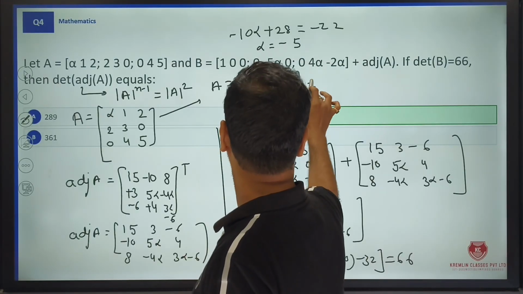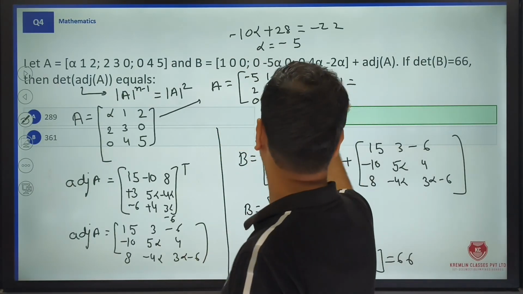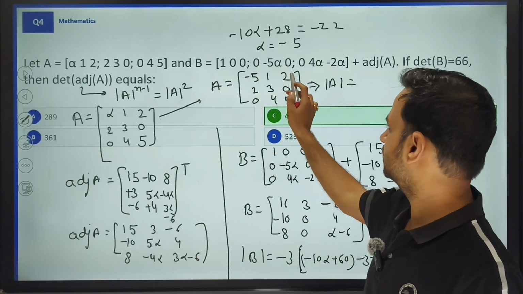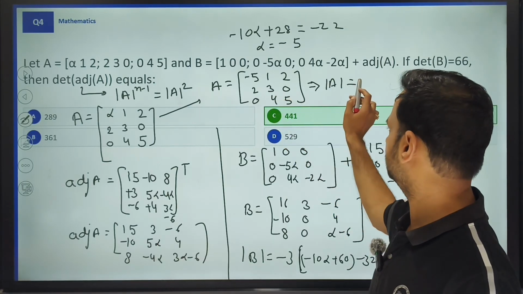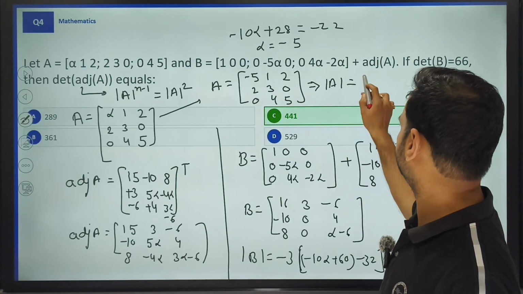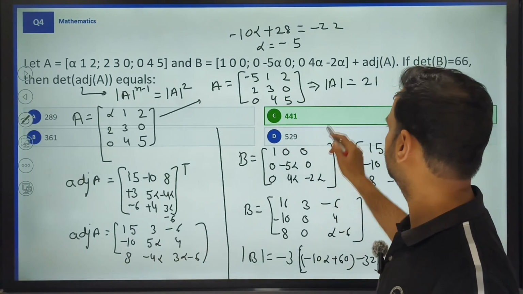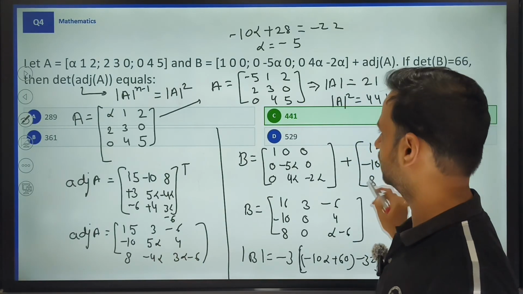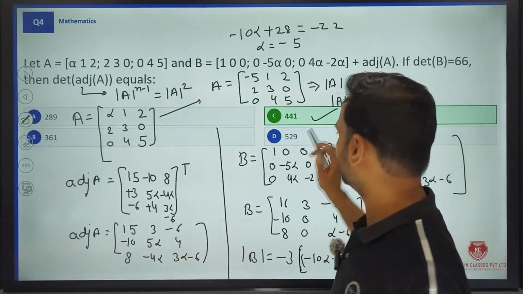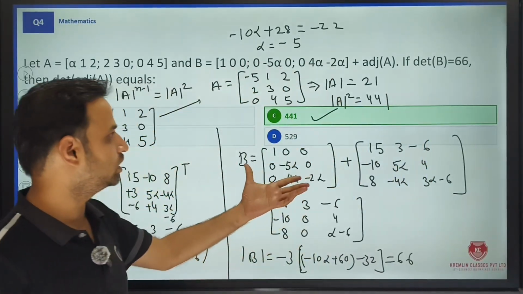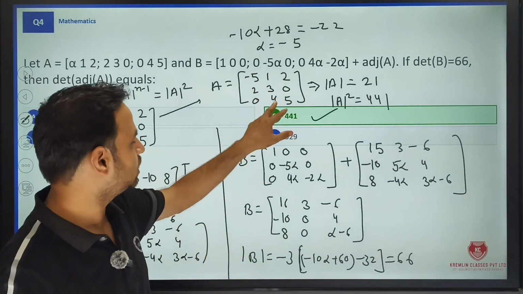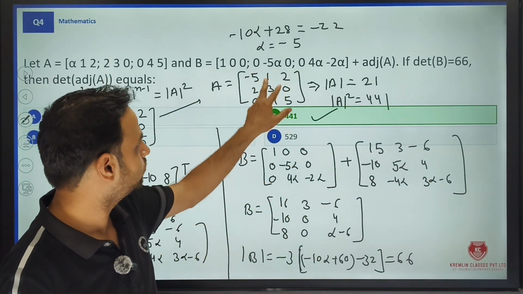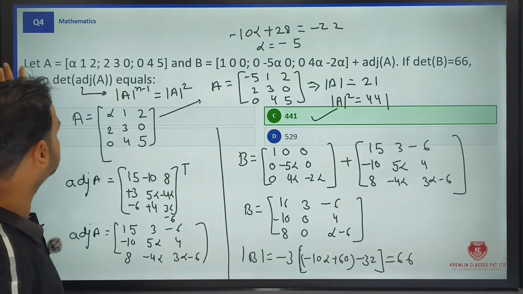So the determinant of A will be, you can find it, minus 5 by putting 15, 0, minus 75, that will be equal to 21. And determinant of A square will be given by 441. So it is correct. We have found it easily again. You can also check it, 15 minus 75 minus 1. Yeah, okay.